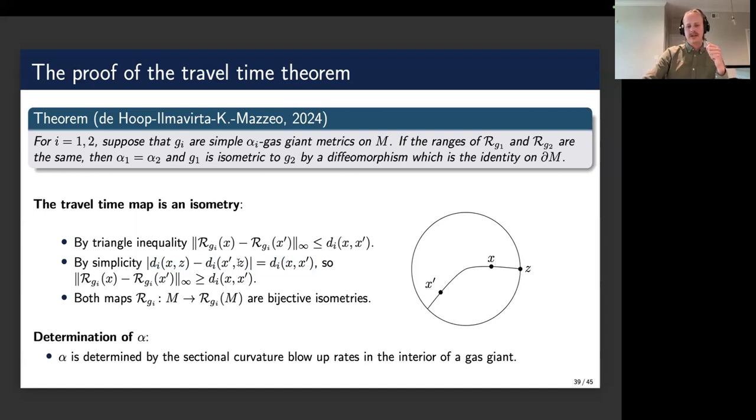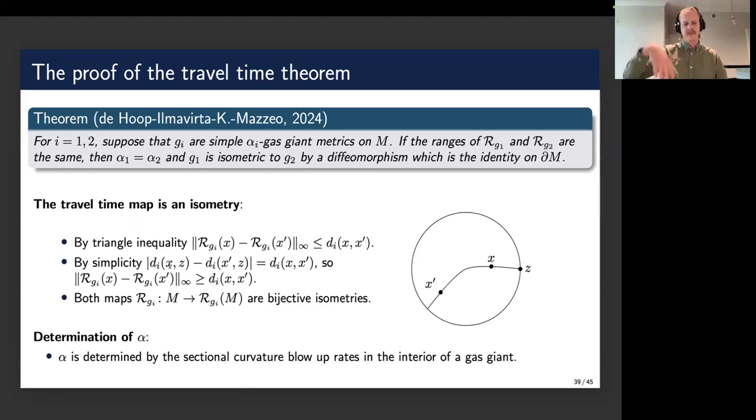So then you will know that in this case, the point X has to be kind of in between Z and X. So you will get this condition to hold. So in particular, for these sets of points, the other inequality holds. So together these two estimates then prove that your mapping is a bijective isometry indeed onto its image.